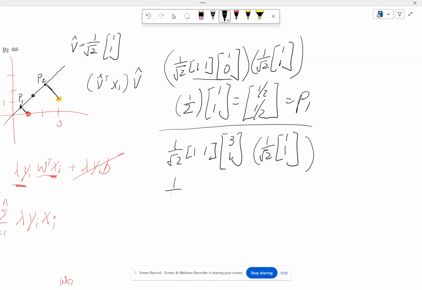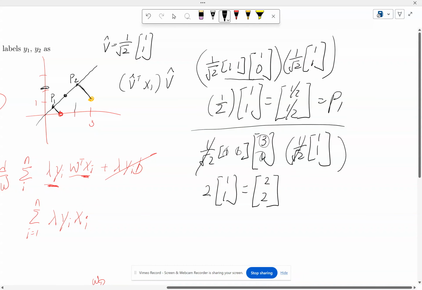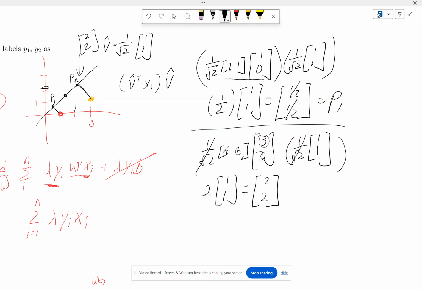This one would be 4, right? 3 times 1 plus 1 times 1 is 4, which gives us 2, 1, 1, which is equal to 2, 2. So this point right here should be 2, 2. And if you look at it, it also makes sense that it's 2, 2.